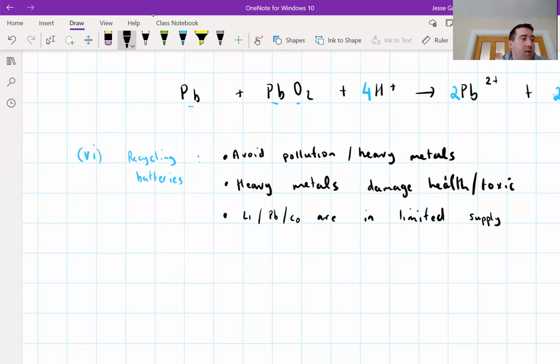You can't just keep dumping everything. And obviously they have an economic value. So heavy metals have an economic value. So why dump them? There's lots of different answers you could get there, guys. It's quite easy to get the marks, but you have to have a go with it. If you write nothing, you definitely can't get any marks. So that's why recycling batteries is desirable.